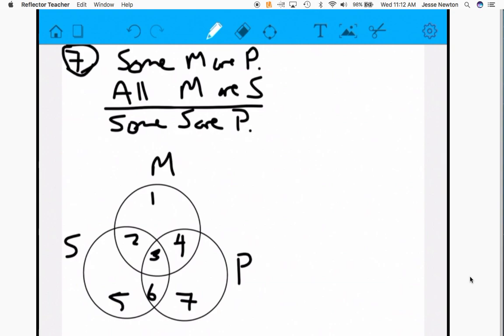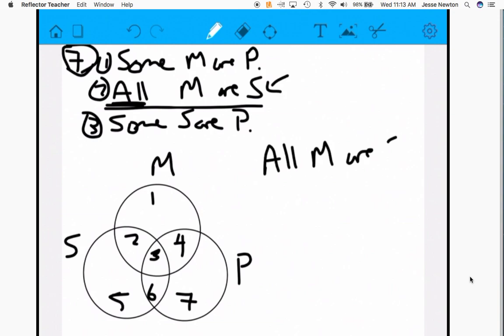So we have two premises here, 1 and 2, and which one should we diagram first? Well, we should diagram the second premise first because it has a universal quantifier, whereas the first one has a particular quantifier. So let's begin by diagramming that first. All M are S. And M is going to be regions 1, 2, 3, and 4.